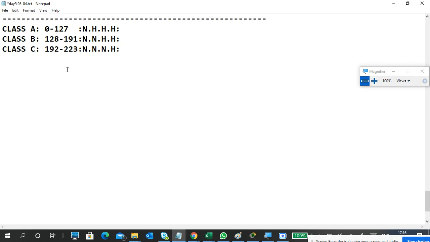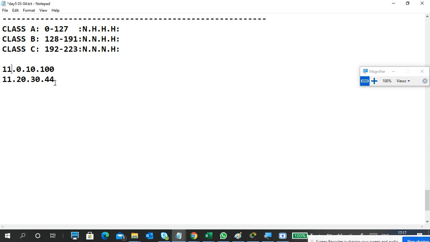Just for an example, I took 11.0.10.100 and 11.20.30.44. Both are in the same network only. How? The first portion is the same, so it means it's a class A IP address. The first portion is the same, which means these two PCs can communicate.